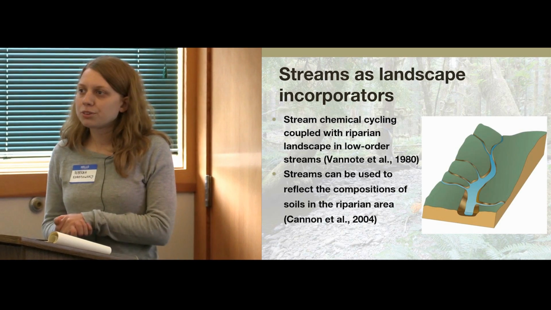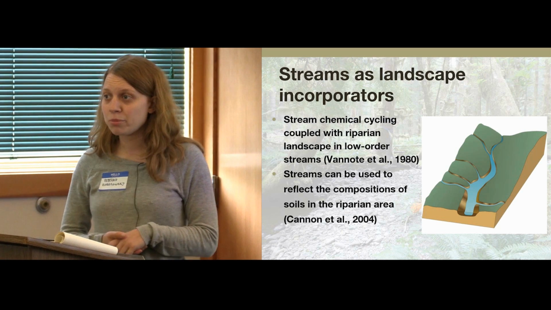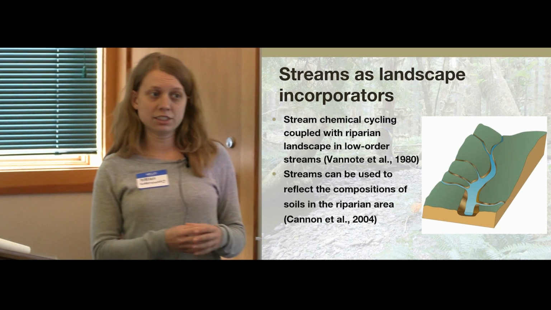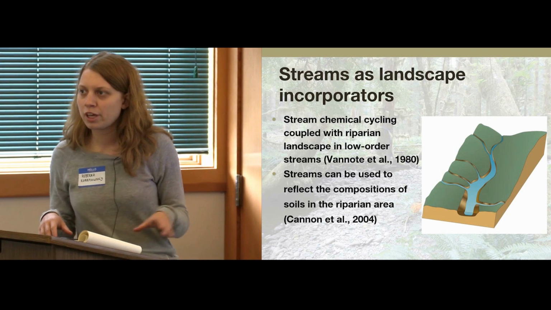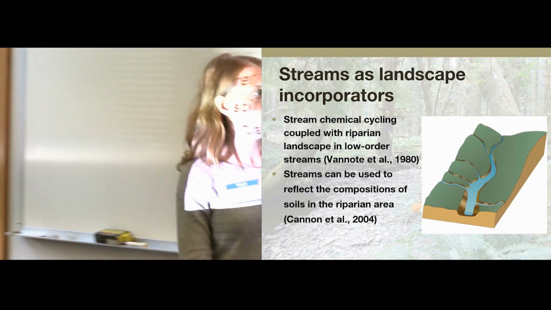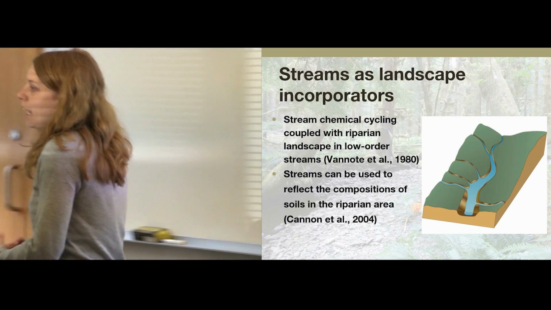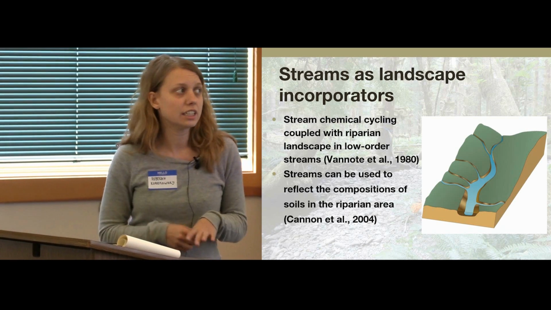And I think streams are really cool because they can incorporate what's going on in the landscape into a single point. So the water falls as precipitation onto the landscape, and as it flows through the watershed, we're able to go to one spot in the stream and get a summary of what's going on at that basin.